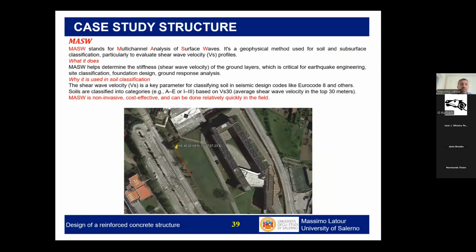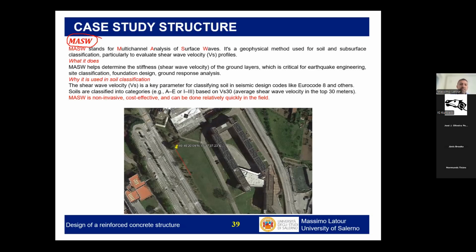When we are in a seismic region, one of the investigations that you have always to remind is a seismic investigation of the soil. So typically we can use, and this is not the only technique, the multi-channel analysis of surface waves. This is what is normally done in Italy, for example, because this is a pretty easy technique and cost-effective.